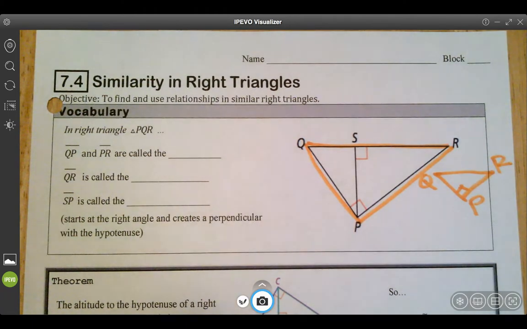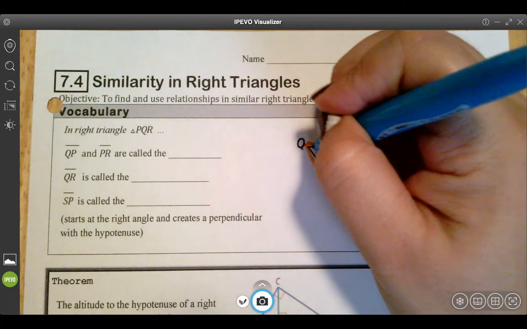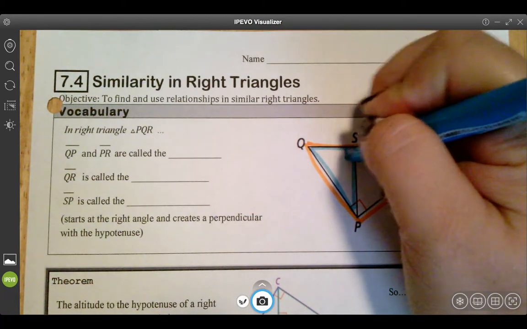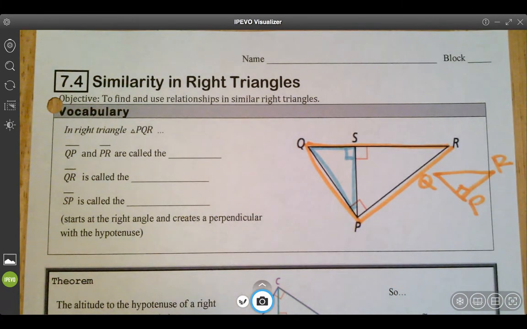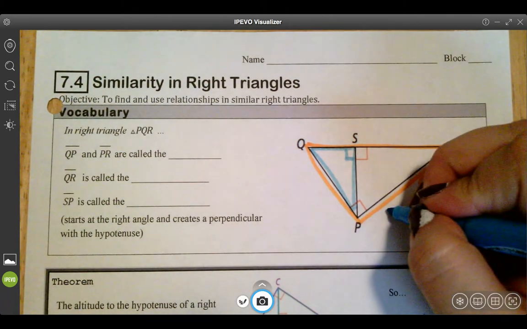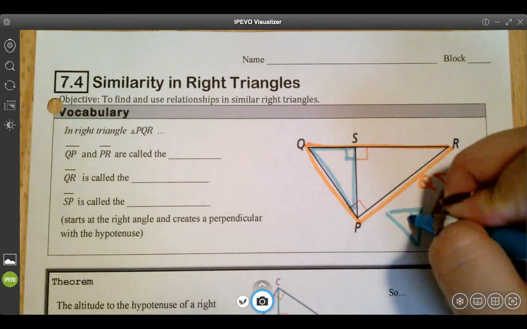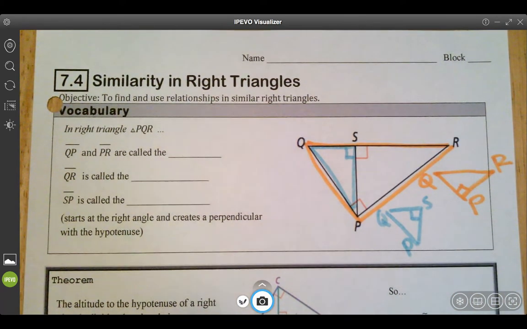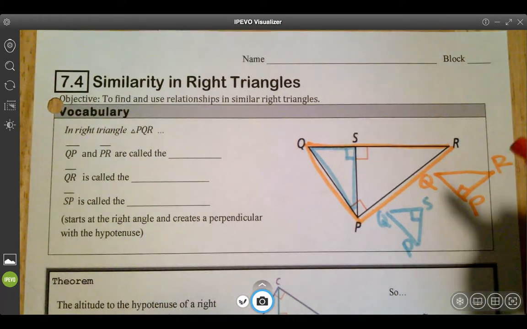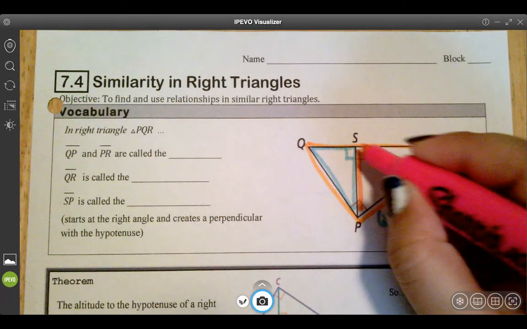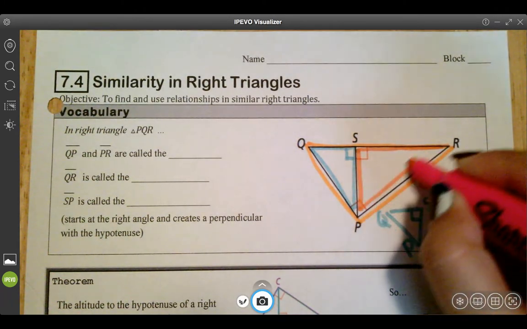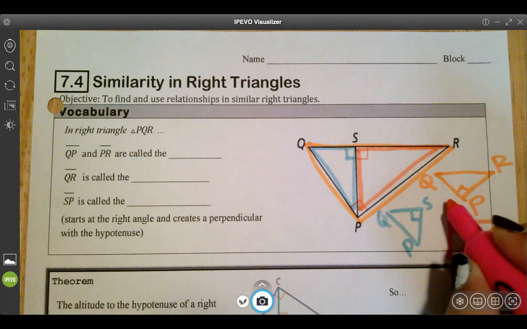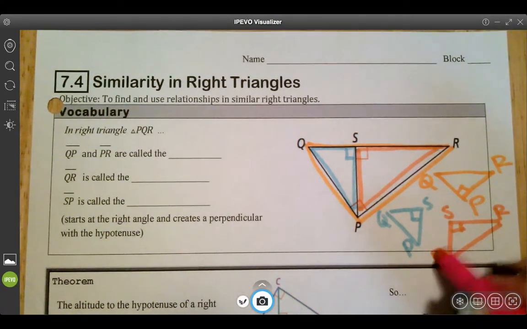But there are also 2 more right triangles in here. There's this small right triangle here, and we know that it's right because it's supplementary to another right triangle there. And so that is SQP. And then there's a third right triangle here, this medium-sized triangle, and that is another right triangle, SRP.